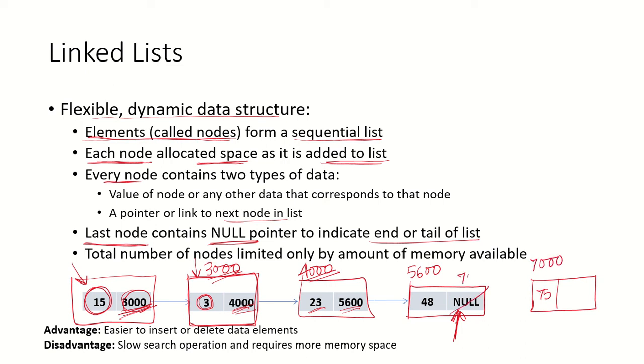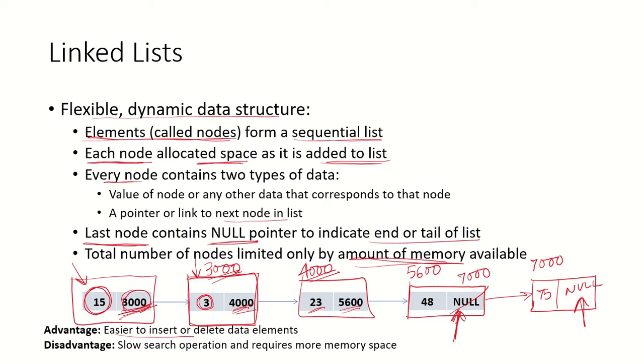Then 7000 can be put over here and null can be the last node's pointer. So we can keep on adding nodes and each node when added is allocated more space. How many total nodes can be added? It is limited only by the amount of memory that is available.